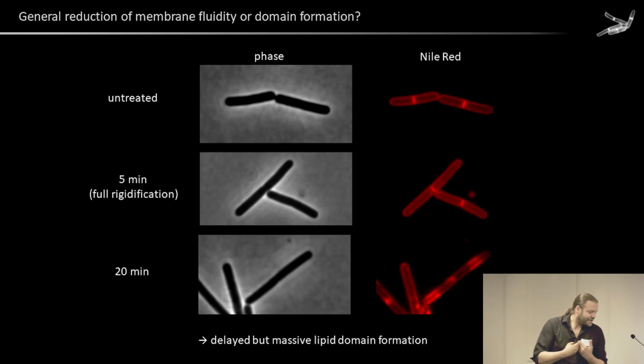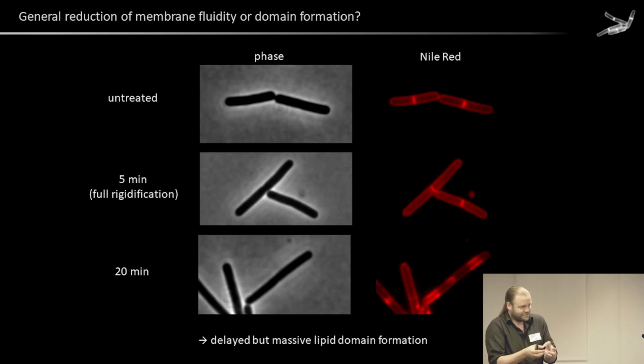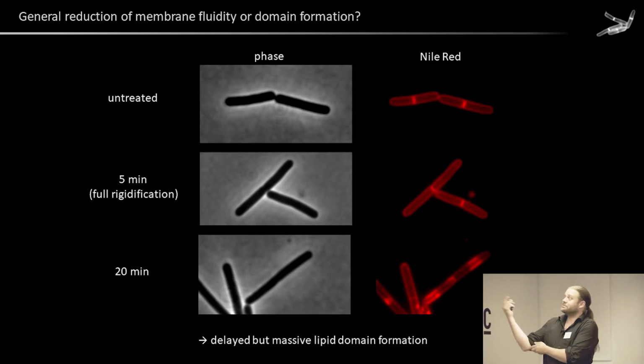So the question here, of course, was whether this very quick rigidification of the membrane is some kind of homogeneous effect on the membrane, or whether it is something on a sub level, where domains are formed that show different fluidity. So we turn back to Nile red. Untreated, this is how it looks, and it shows no domains.